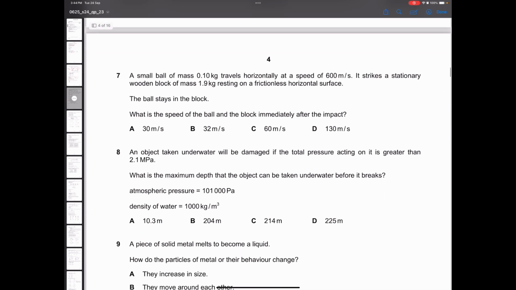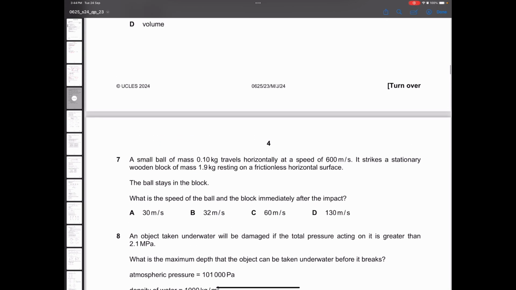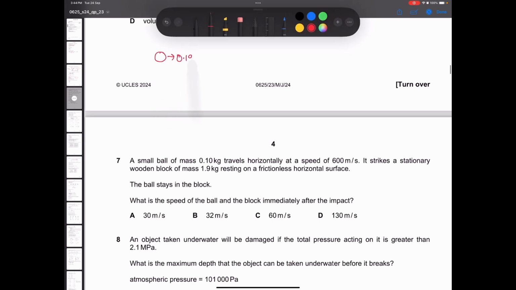Next question. A small ball of mass 0.1 kg travels horizontally at a speed of this much. It strikes a wooden block of 1.9 kg. All right. So the situation is like this, that you have a ball of 0.1 kg and it is going with a speed of 600 meters per second.